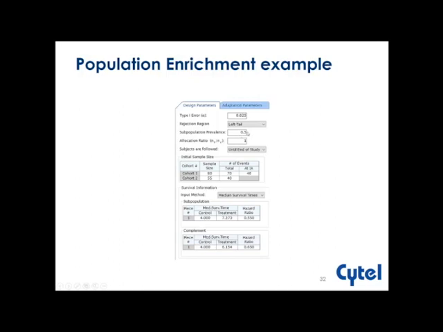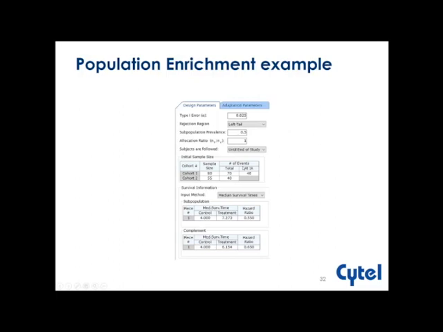And actually, before we jump into population enrichment, we would first use EAST with standard methods to determine the sample size and events required, let's say for 90% power.